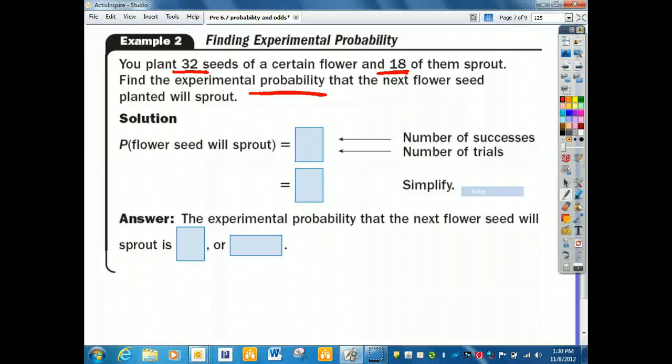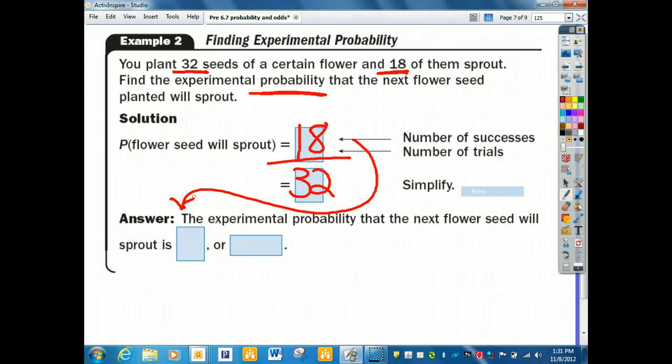What over what? 18 over 32. Good. Simplify that, and what do you get? What do you want to divide by to simplify this?